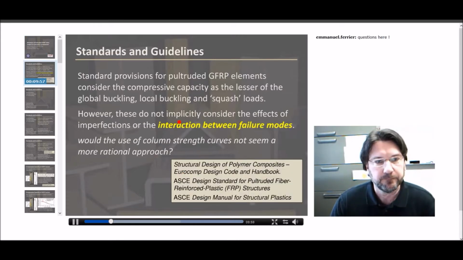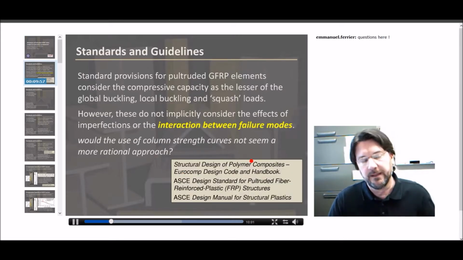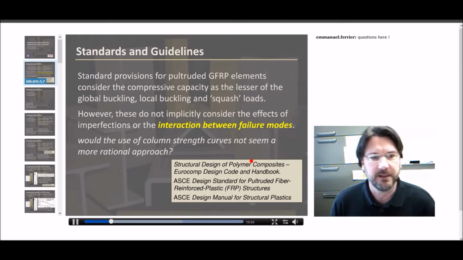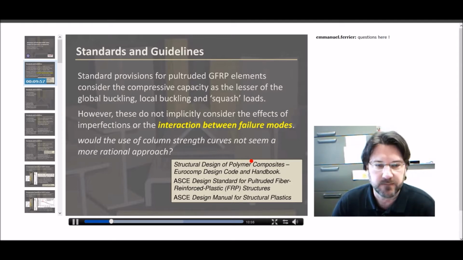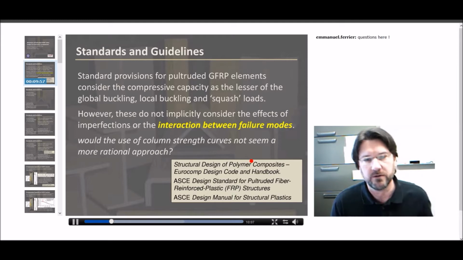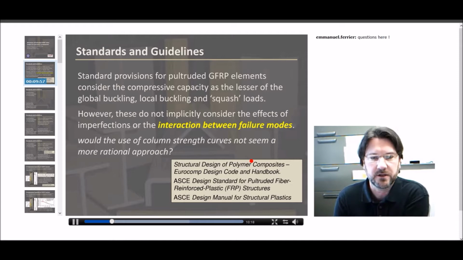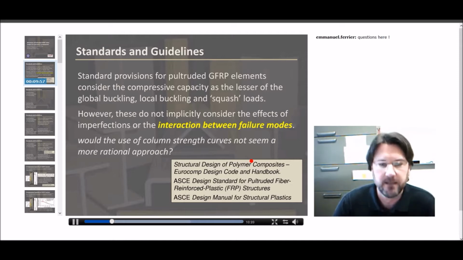The impetus behind this discussion really is the development of standards and guidelines. Presently, there are really no international codes. There are no code documents specifically dealing with the use of pultruded sections. There are some documents out there: the ASCE Design Manual for Plastic Structures, and the Eurocomp Design Handbook.